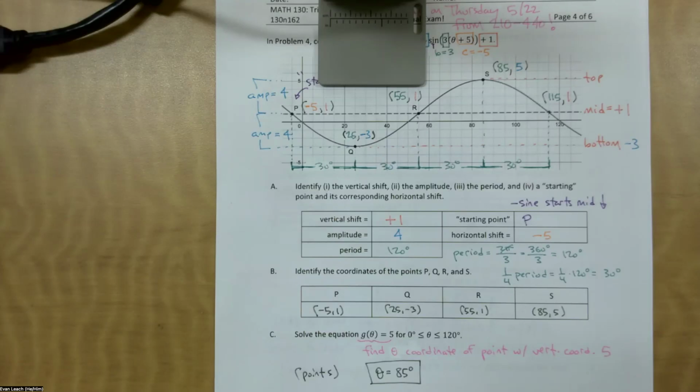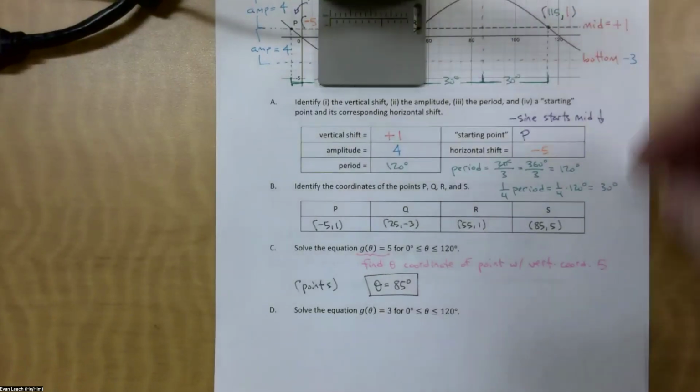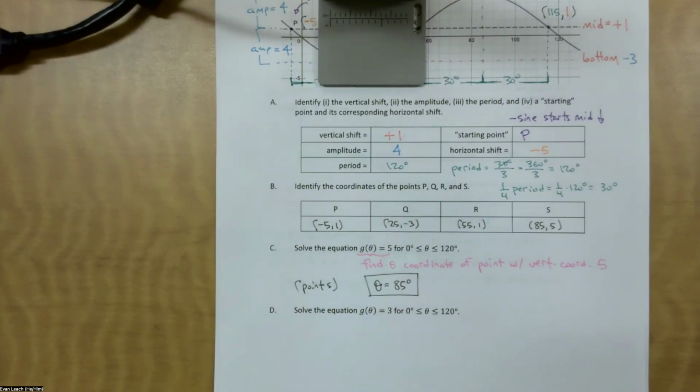And for the fourth part of this question, this is the halfway point. So solve the equation g of theta is equal to 3. We want to notice that 3 is halfway between the middle and the top.